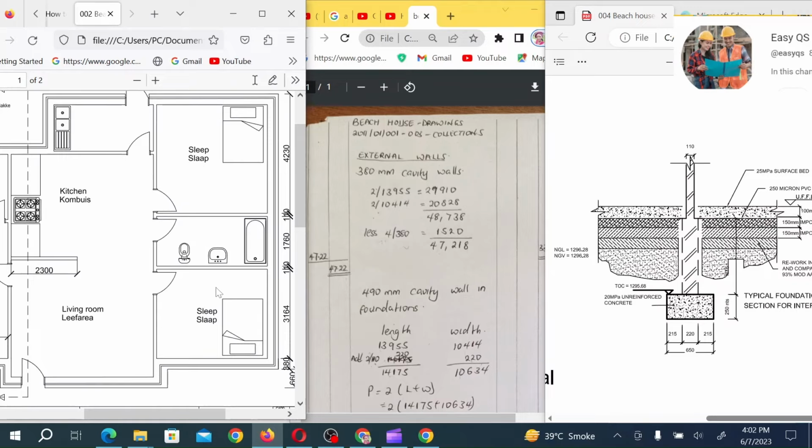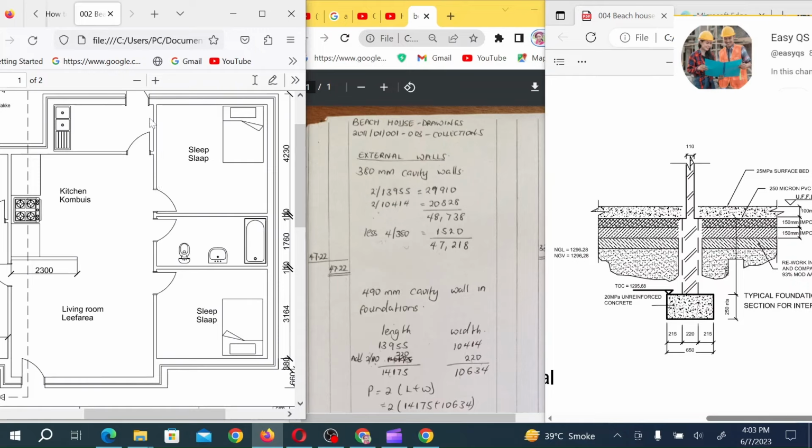As you can see, the cavity walls are on the outside. Then the walls on the superstructure above the ground are just solid brick walls. We don't have two outlines because they are only 110 millimeters thick walls.